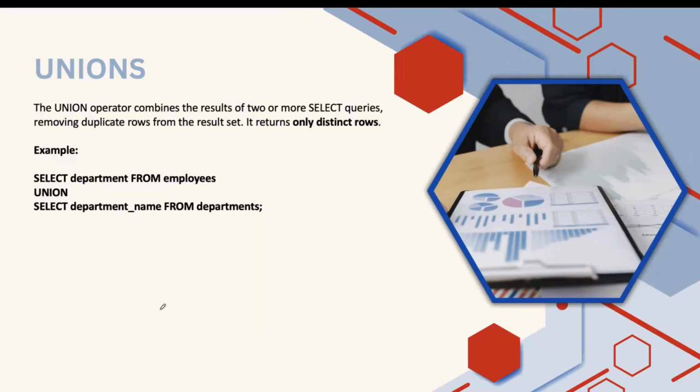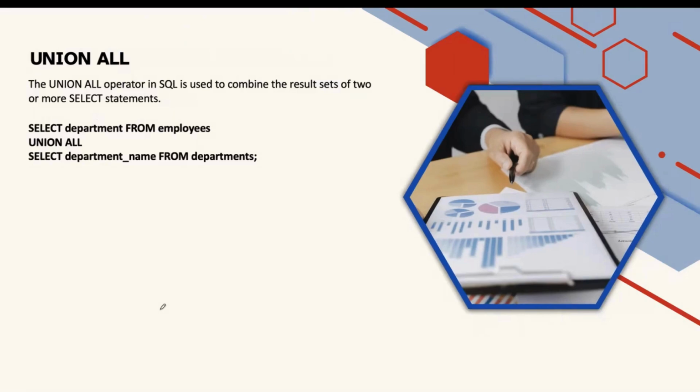So what happens exactly? The union combines the results of two or more select queries, and it removes the duplicate rows. So it only returns the distinct rows. And in union all, it combines two or more select statements, and it returns duplicates also sometimes.